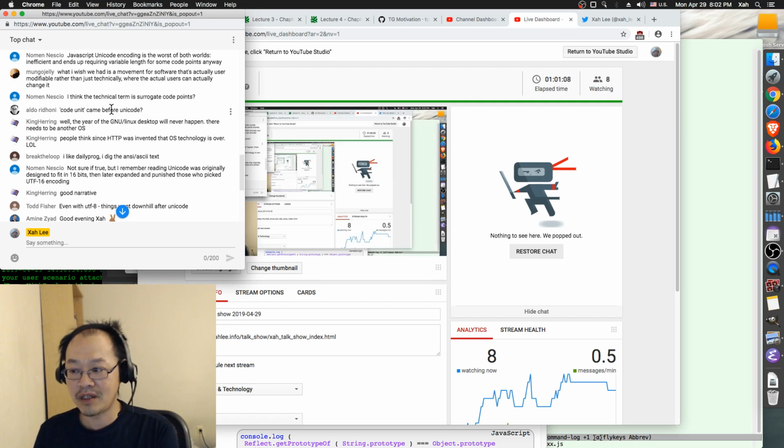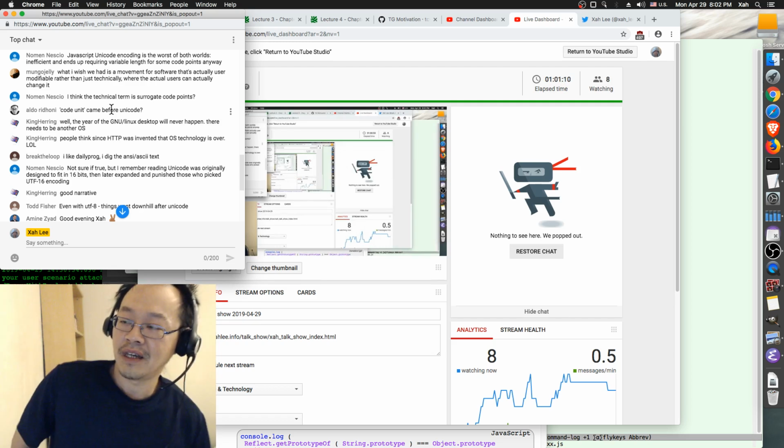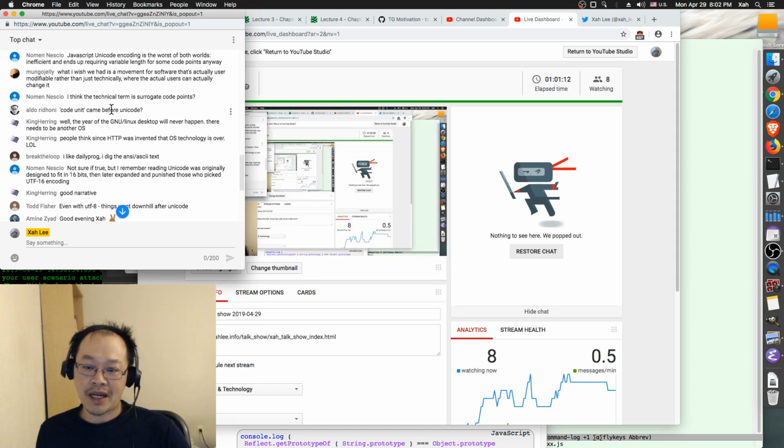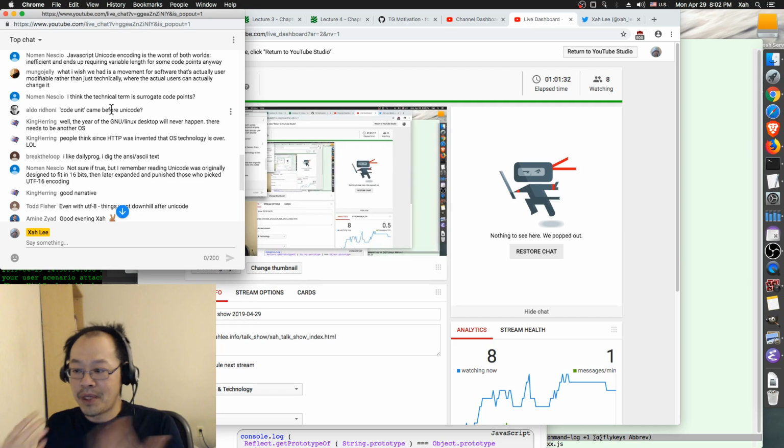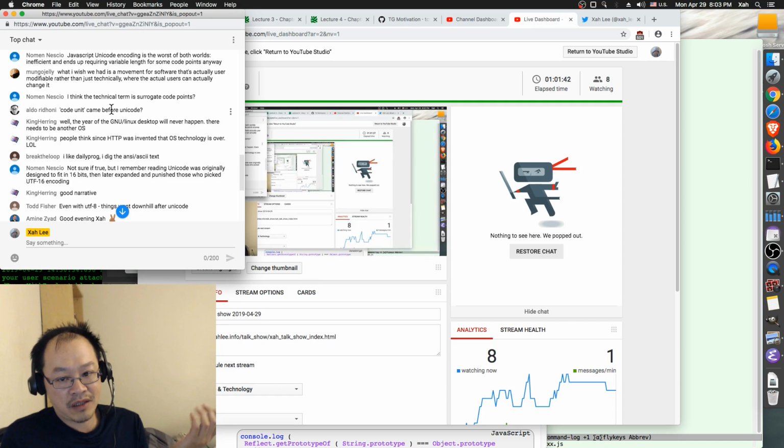They began in 1987 or something like that. Then they also defined encodings, UTF-16 and UTF-32 in the beginning. In the UTF-16 encoding standard publication, they defined the jargon code unit, which means 16 bits of an encoding.